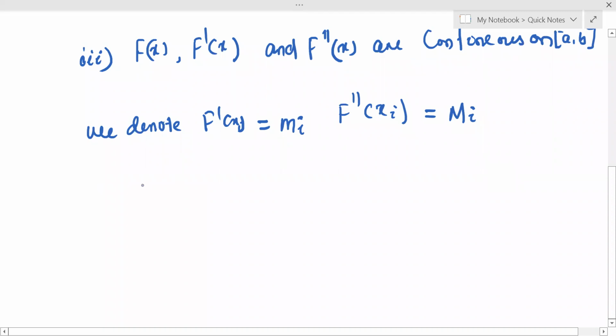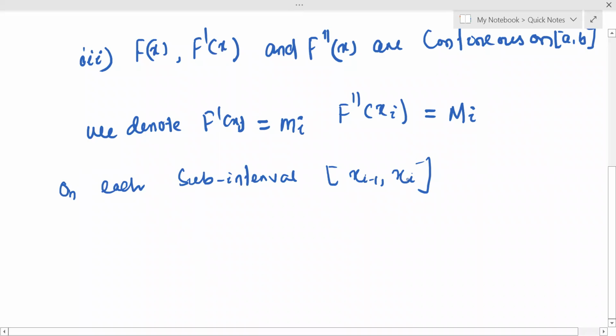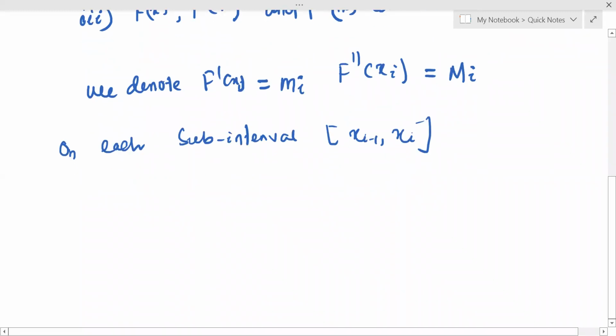On each subinterval, that is xi minus 1 to xi, we approximate a polynomial fx just on this interval, and it is a cubic polynomial.